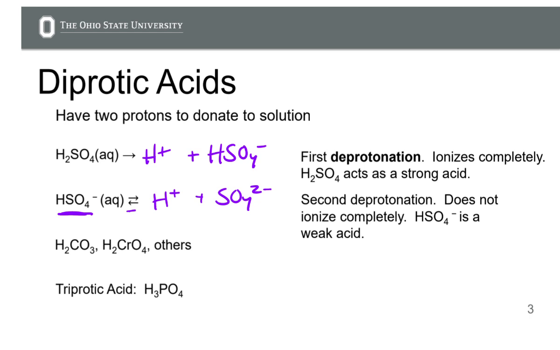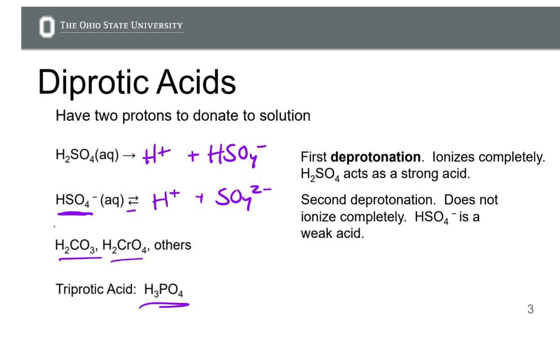There are other diprotic acids that I want you to be familiar with. Carbonic acid, chromic acid, and then phosphoric acid. Phosphoric acid is a triprotic acid, so it would eventually form PO4 3 minus.